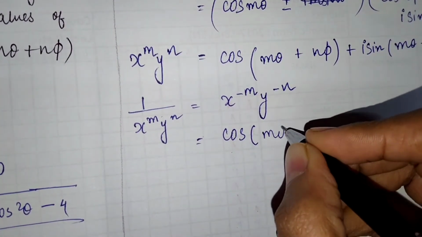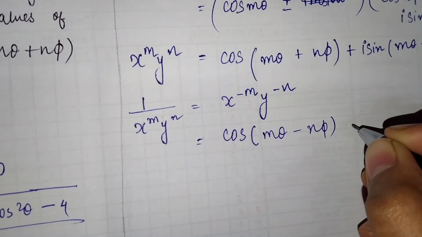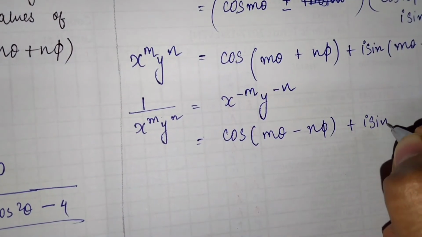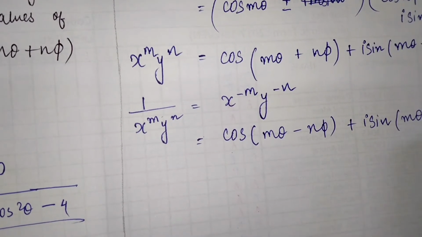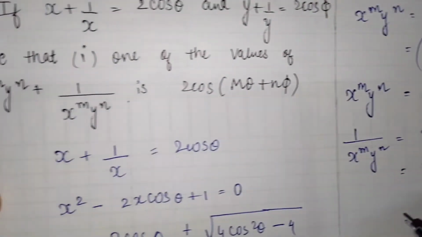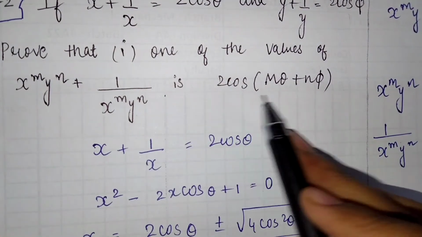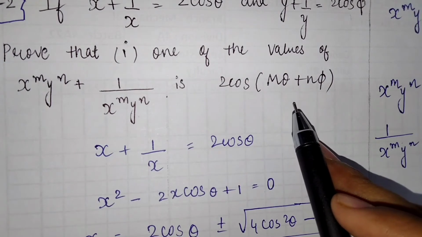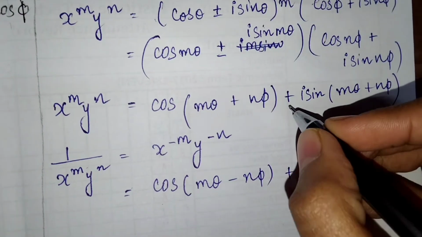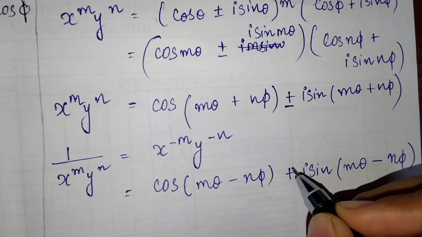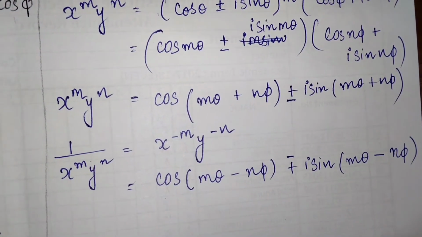So cos (m theta minus n phi) plus i sin (m theta minus n phi). Okay, and now if we add both the equations, then we will get, હવે આપણને શું કીધું છે કે બંનેને એડ કરીએ તો આ આવવું જોઈએ, બરાબર? Sorry, here plus or minus is there, so here minus plus, it will change to minus plus.